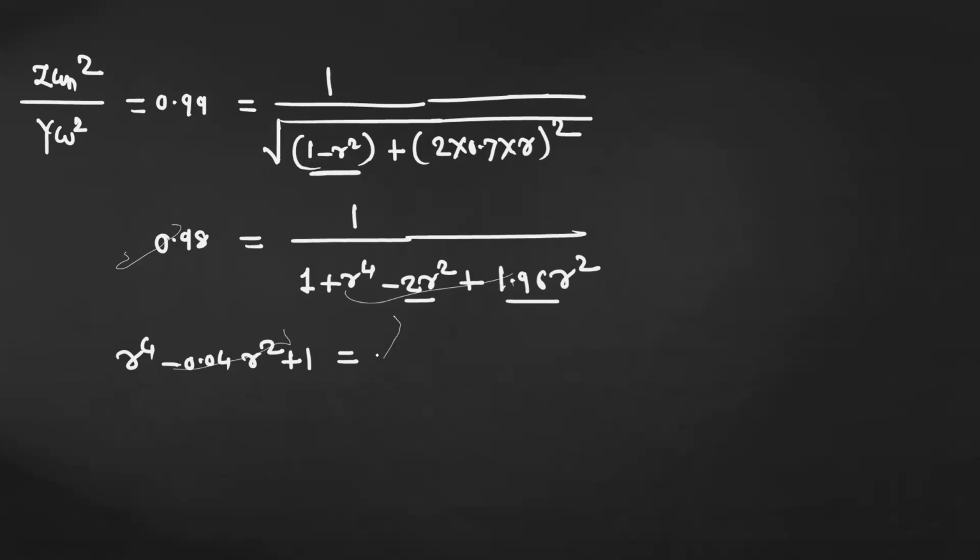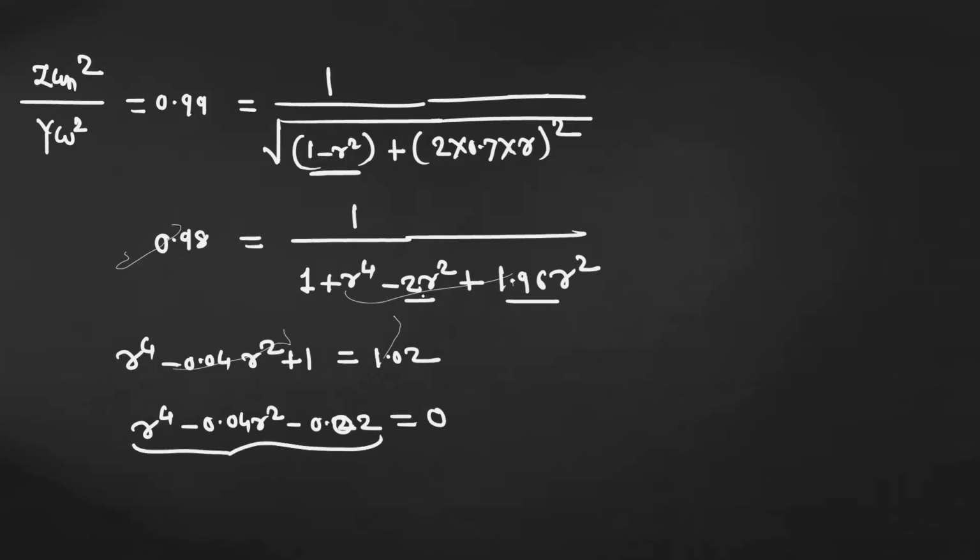So this is 1.02 on the right hand side. So finally the equation will be r raised to 4 minus 0.04 r square minus 0.02, and this is equal to 0.